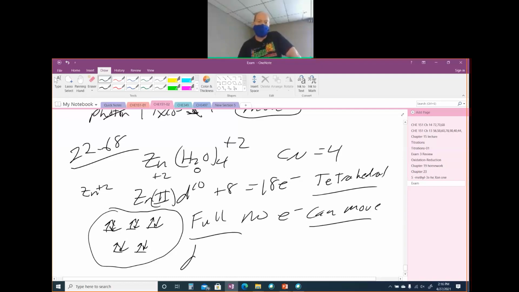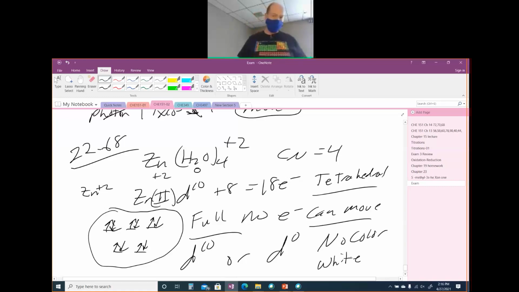So anytime you are d10 or d0, you would predict it to have no color, so it's either going to be colorless or it will be white. Of course, that's not every case, but that is the predicted case.